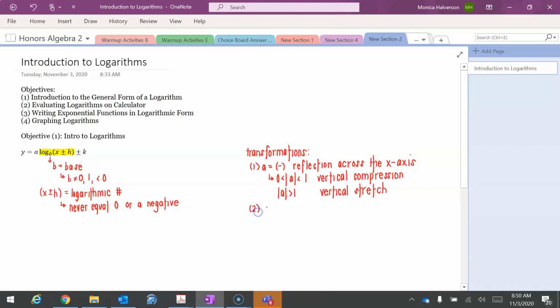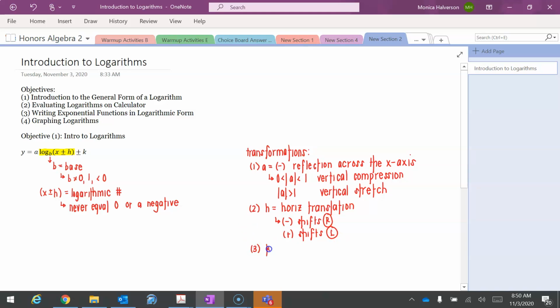The second set is our h value, and it once again is our horizontal translation. And it follows the same exact rules. If it is negative, it shifts right. If it's positive, it shifts left, opposite of what we expect.